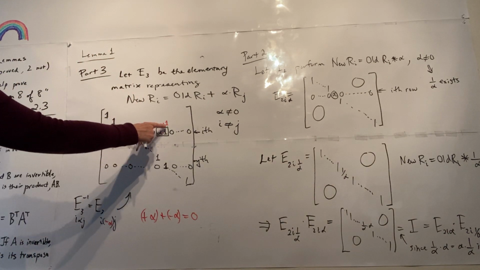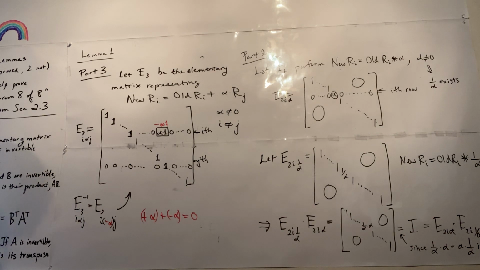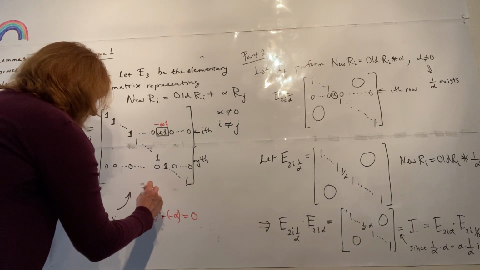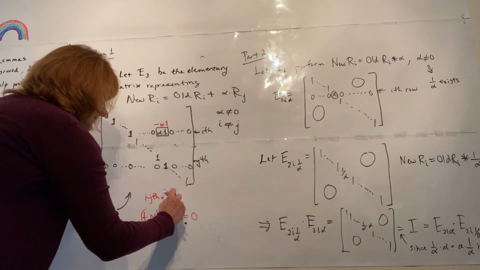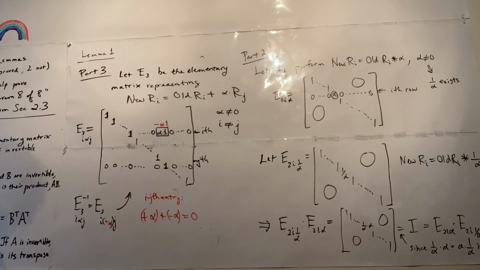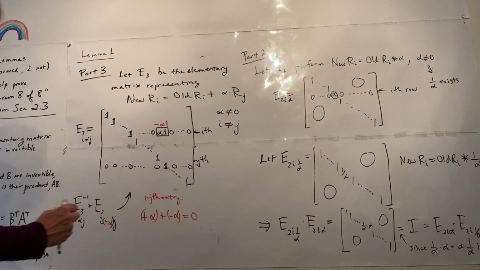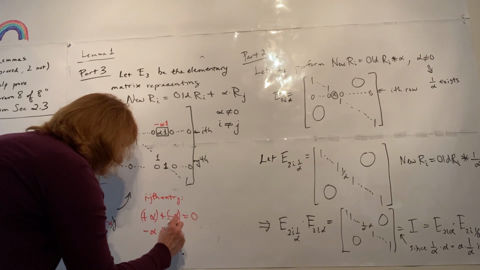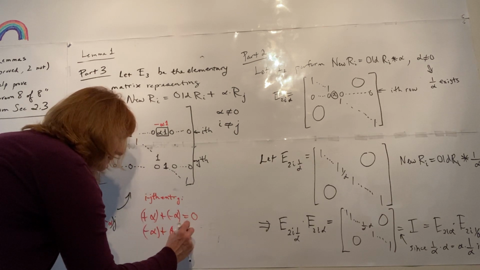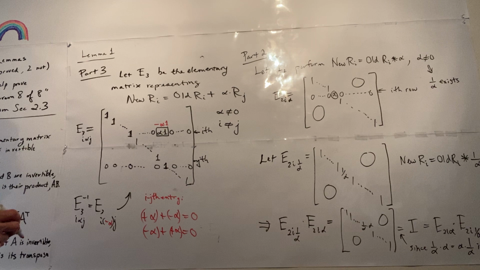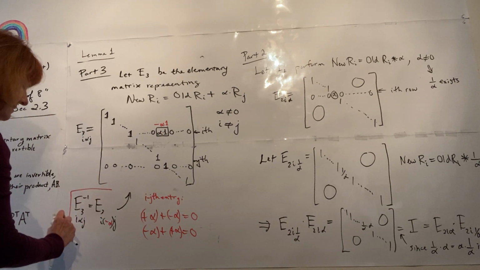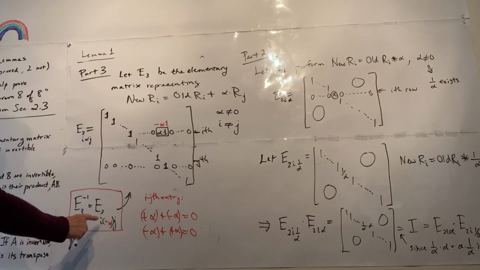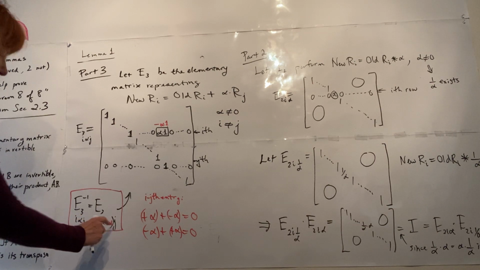So that's going to turn that ijth entry, this is the ijth entry, into a 0 again. Doesn't matter in which order you do it, because that is equal to this. And they're both equal to 0. So, therefore we have that the inverse of E I alpha J is E I negative alpha J.